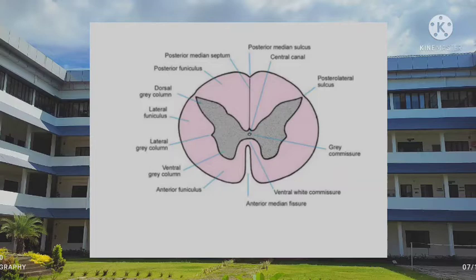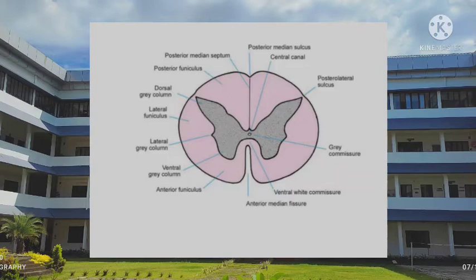The white matter medial and ventral to the anterior gray column forms the anterior funiculus or anterior white column, while the white matter lateral to the anterior and posterior gray columns forms the lateral funiculus. The anterior and lateral funiculi are collectively referred to as the anterolateral funiculus.